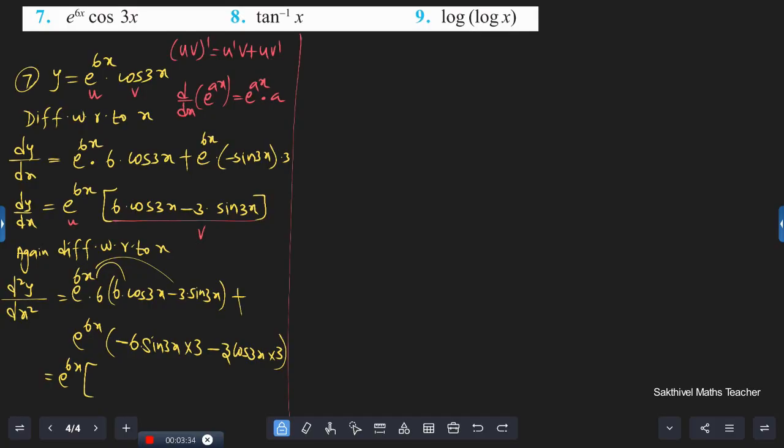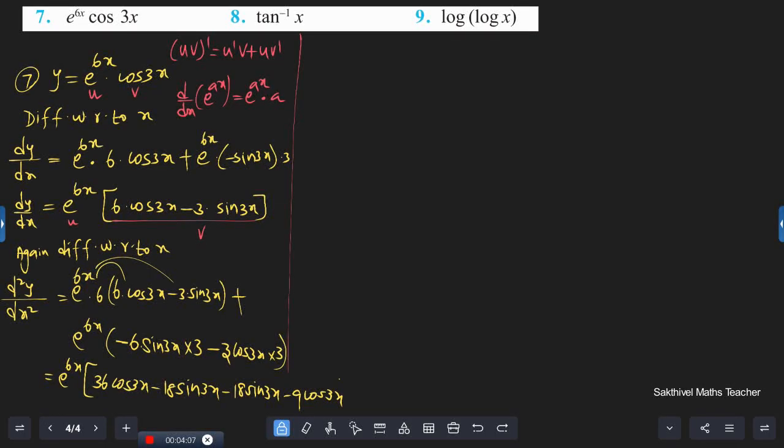6 6s are 36 cos 3x minus 6 3s are 18 sin 3x. Now e power 6x if you take outside, not only minus 6 sin 3x, even the 3 is there, so 6 3s are 18, so minus 18 sin 3x, and 3 3s are 9, so minus 9 cos 3x.